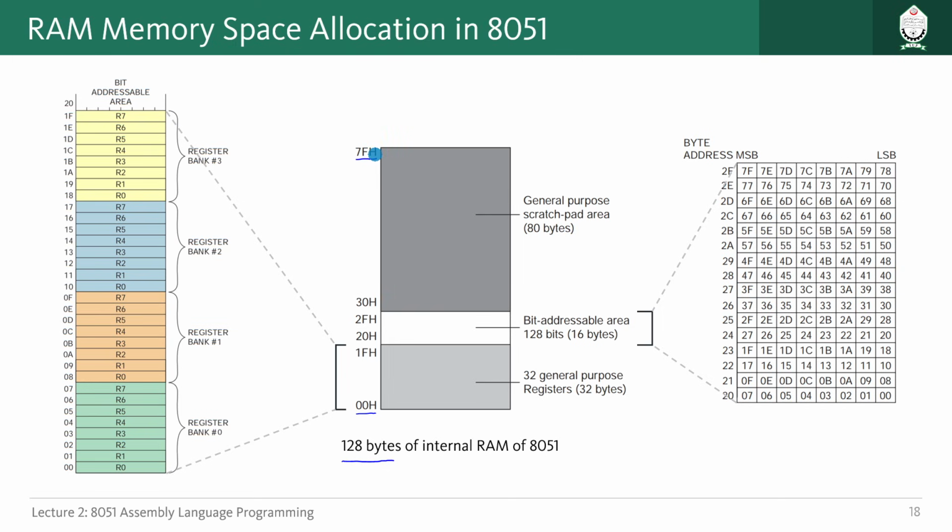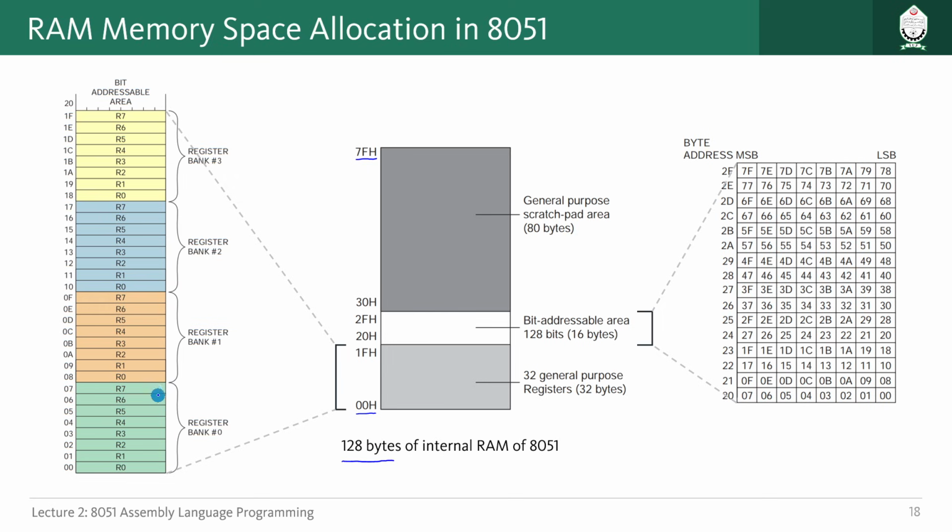So from that, the first 32 bytes, these locations are actually called register banks. Okay, so we have register banks inside of these 32 bytes. So these are looking like this. Actually, we have 4 different register banks: register bank 0, 1, 2 and 3.